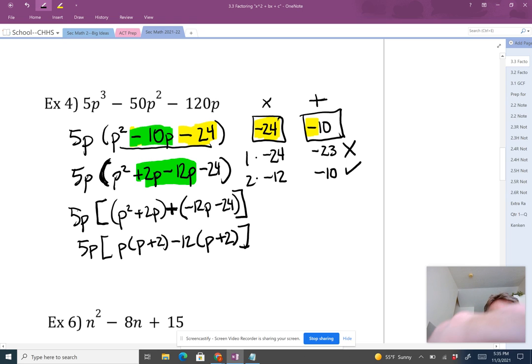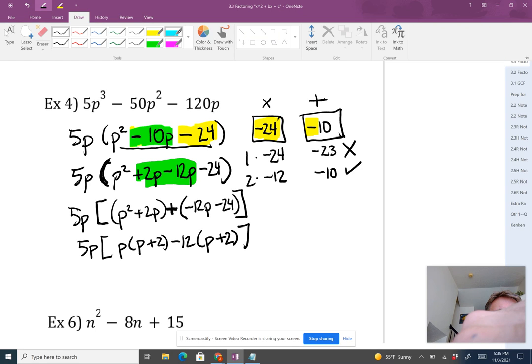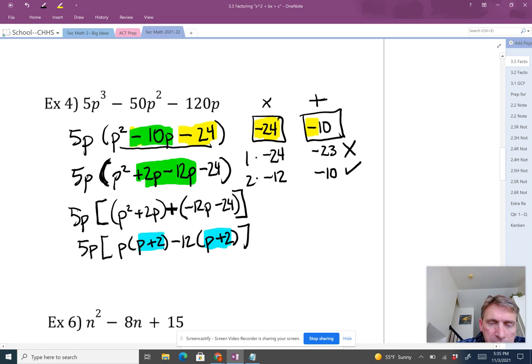And I notice, let's use blue, I notice that they have this p plus 2 in common. And so I'm going to factor that out. P plus 2 times p from the first group minus 12 from the second group.